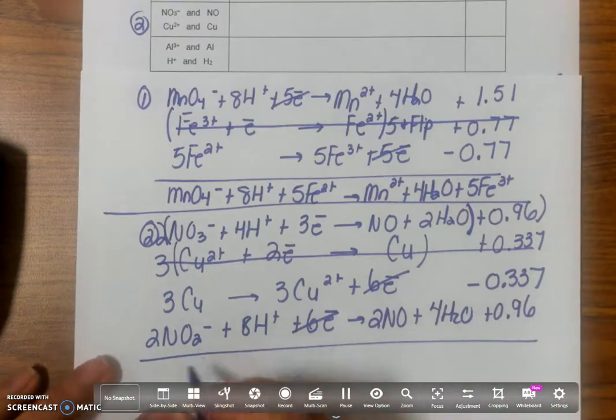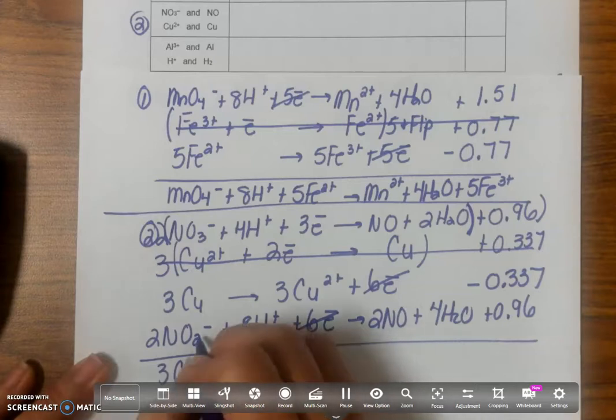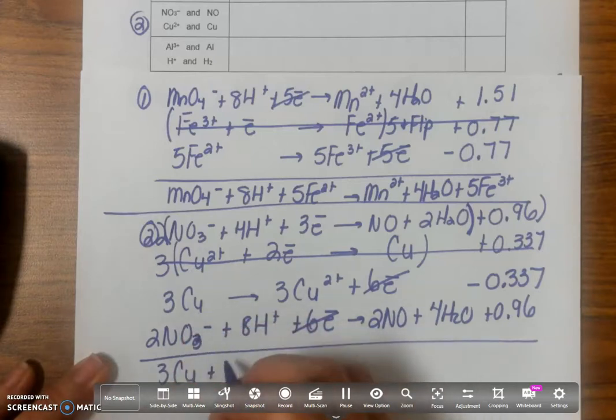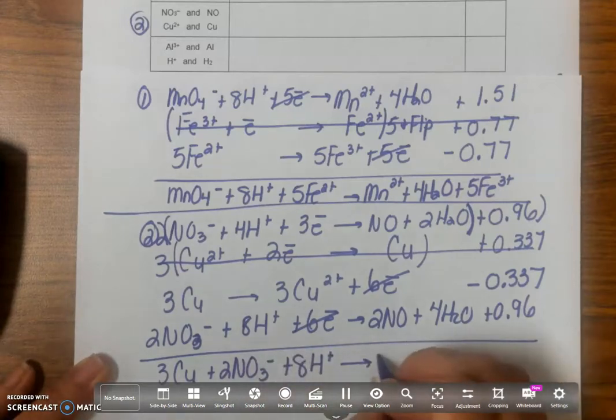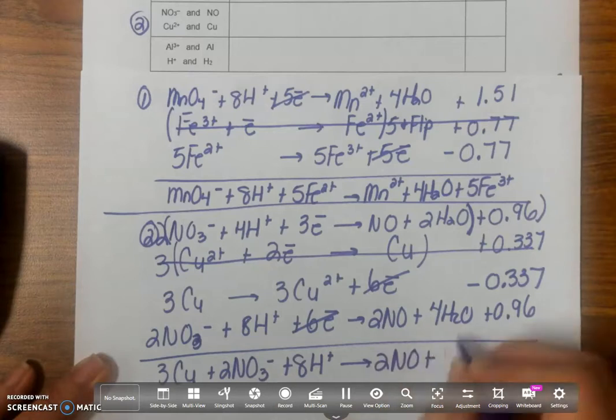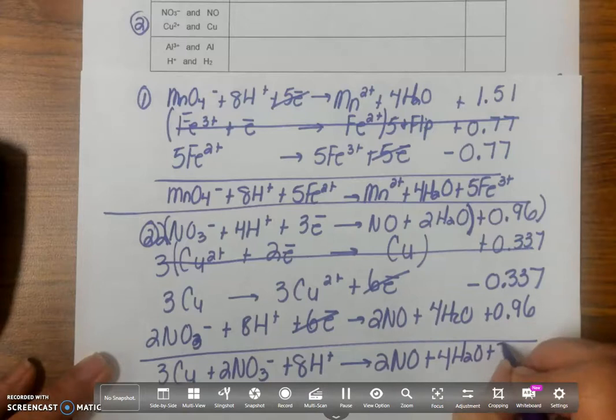And my final thing is, this should be 3, sorry about that, 3 copper plus 2NO3 minus plus 8H plus goes to 2NO plus 4H2O plus 3Cu2 plus.